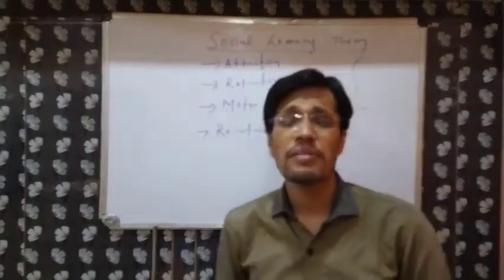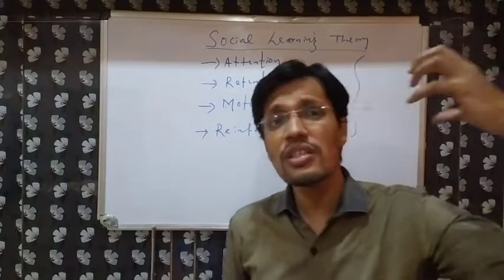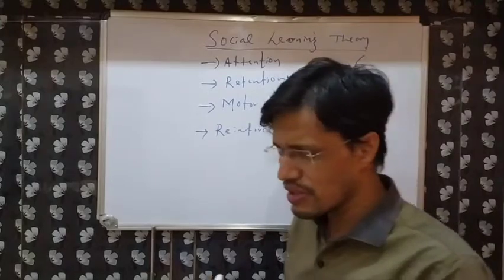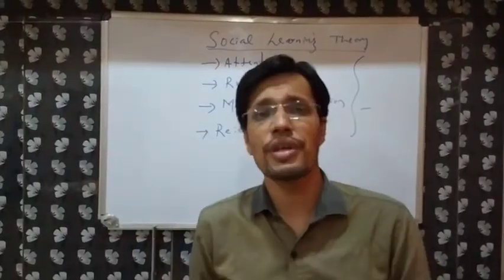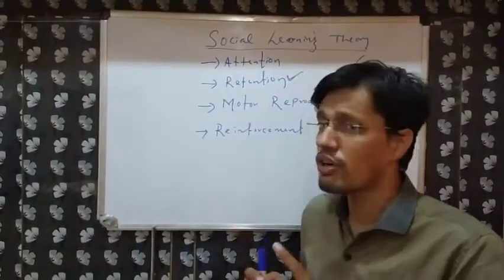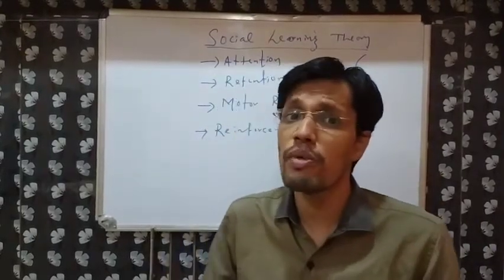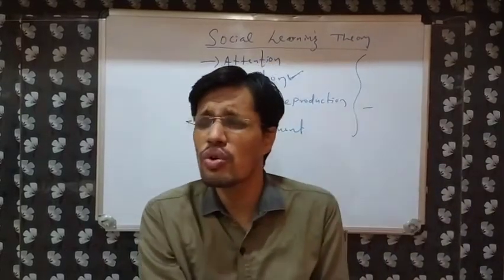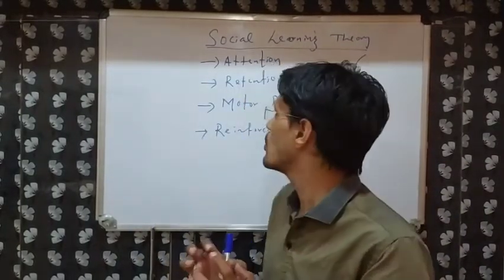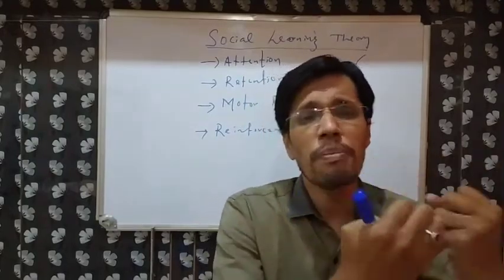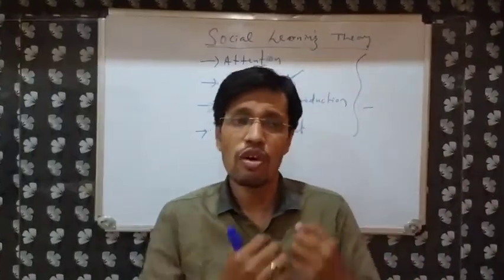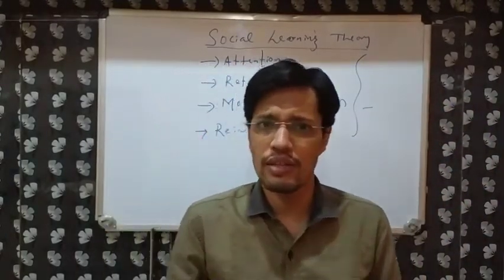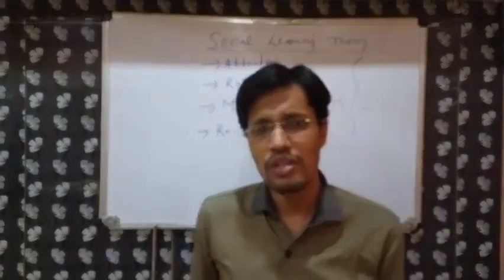Then, whatever behavior he got in the attention process, second is retention. Retention is the procedure of copying. Whatever behavior the model performs, whatever outcome the model has shown, the learner tries to retain it, copy it, imitate it, observe and capture it: the behavior, the attitude, the style, the process he follows, the personality.